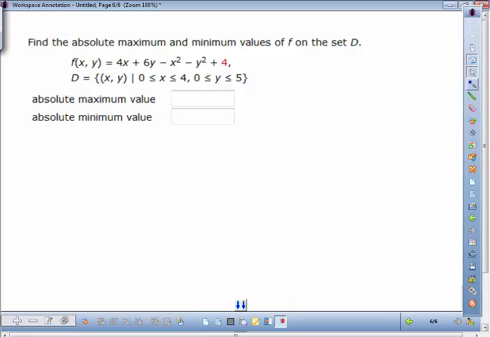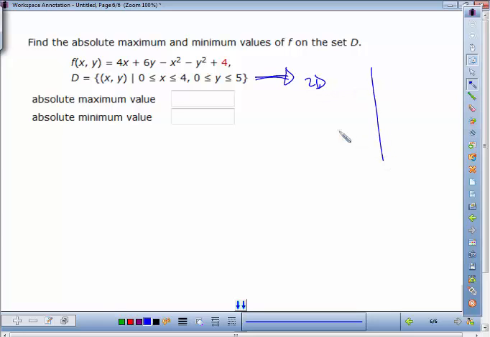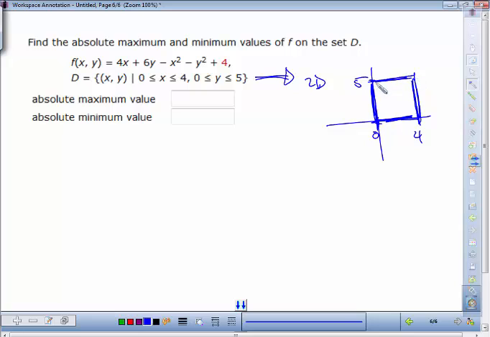So what we have to do is look at the set in 2D. x goes from 0 to 4. y goes from 0 to 5. So your boundary actually consists of 4 line segments, and you have to check these 4 line segments.